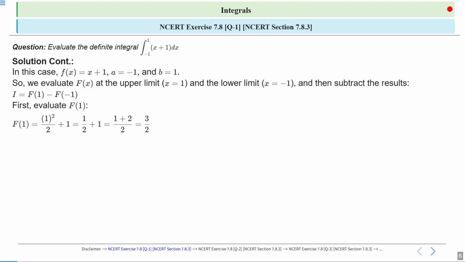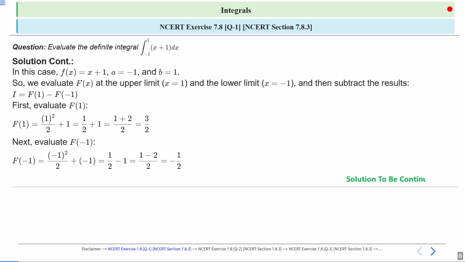So at first we find the value of F at 1. Just substitute x is equal to 1 into F(x). So we get 3 by 2, and evaluating F at -1, we get -1 by 2.